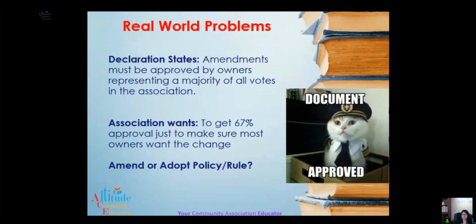We want to amend the declaration, but we don't think a majority of all our owners is really enough to know that this is good for the community. We really think it needs to be 67%. So we're going to put this amendment out to vote, but we're not going to sign or record it unless we get to the 67% approval.